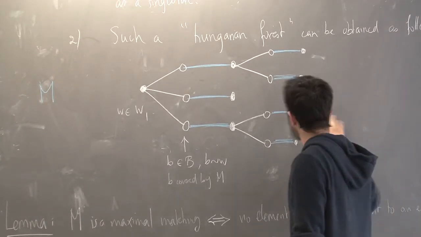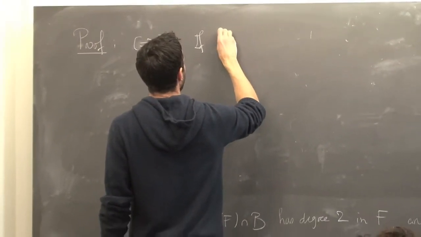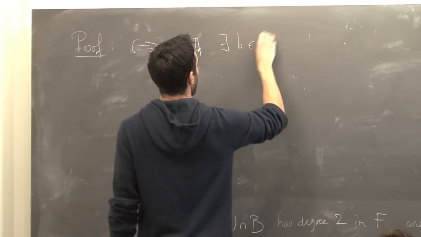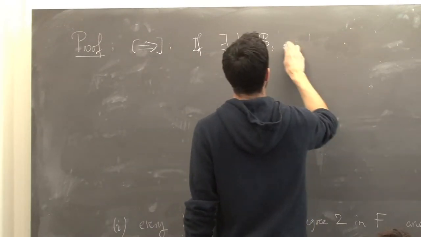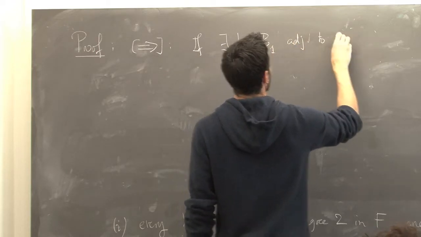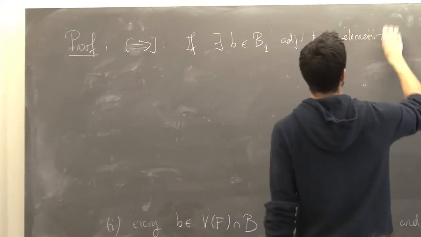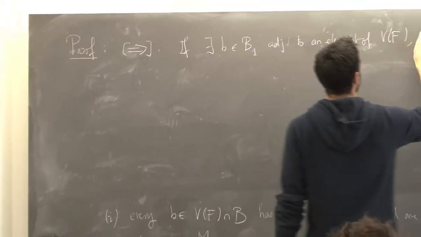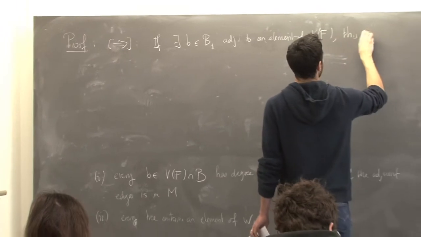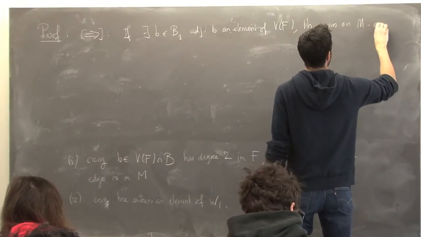So if there exists a b in B1 adjacent to an element of V of F, this gives an M augmenting path.